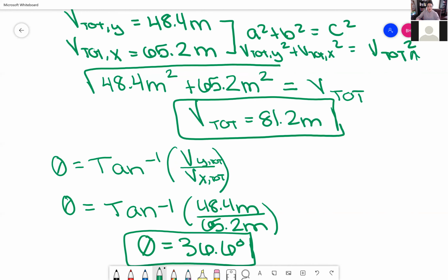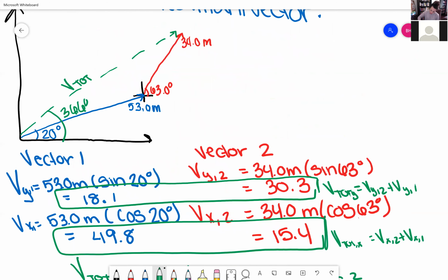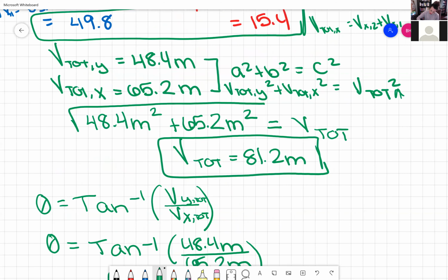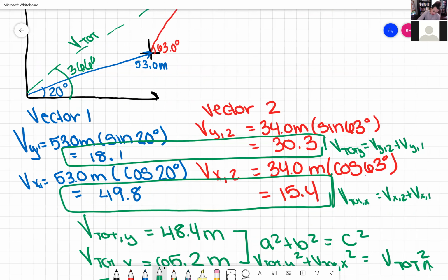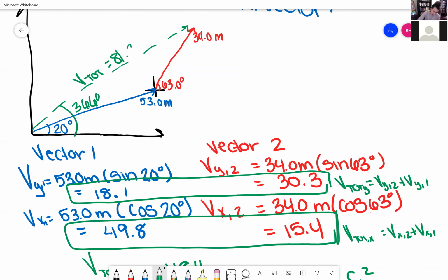Okay, so if we go back up, I now know that this angle is 36.6 degrees, and the length is 81.2. And hopefully by just looking at that and applying that angle to this diagram, that kind of makes sense, that it should obviously be an angle greater than 20 degrees when you look at that resultant vector. So hopefully that vector kind of makes sense.